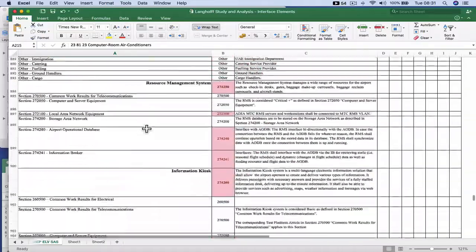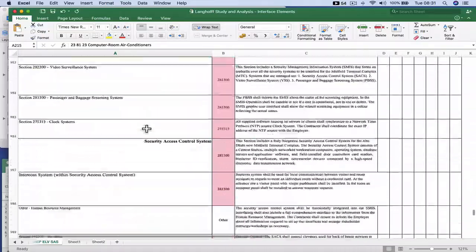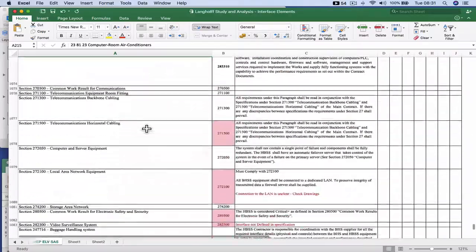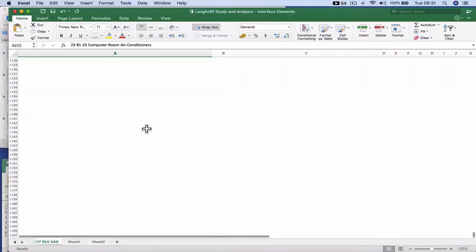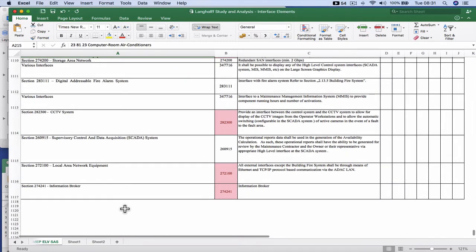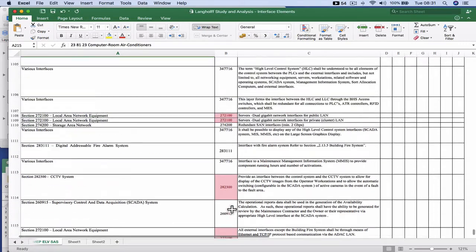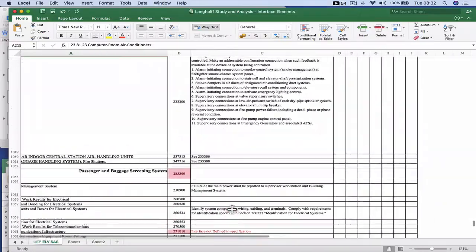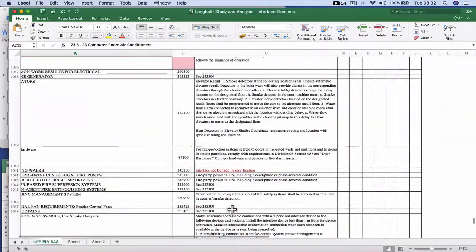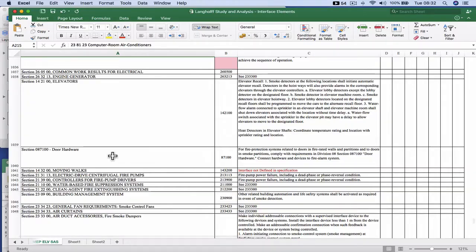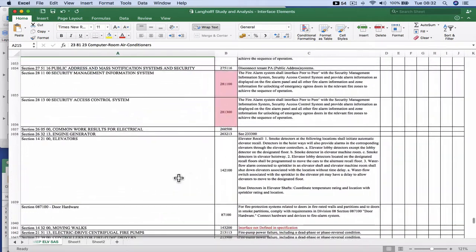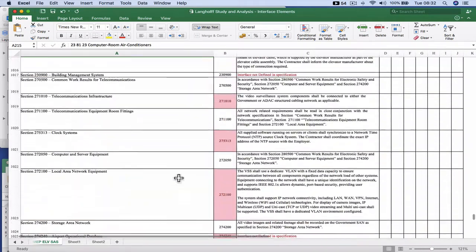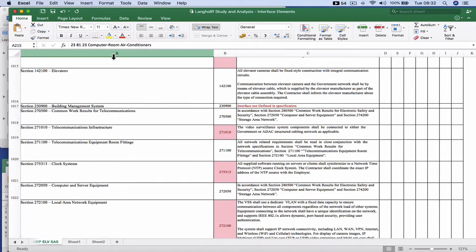As you can see, if I sorted how many red lines I have in here, these are all going to be subject to either an SCR or some type of workshop. So out of the 1,117 line items, even if it's 20%, that's a couple hundred interfaces that need to be further defined. Okay? So that's your interface elements based on the specification.